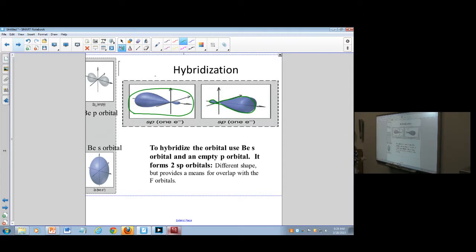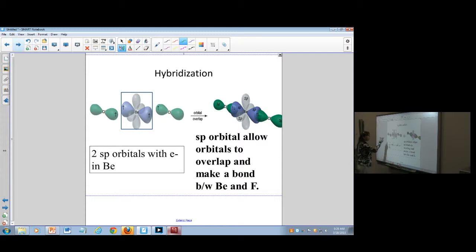So when we bring in our hydrogen, keep in mind that this just has one electron in it. This is from the beryllium. And when we bring in the chlorine here, it's on the p orbital. That's a 3s2, 3p5, I believe.